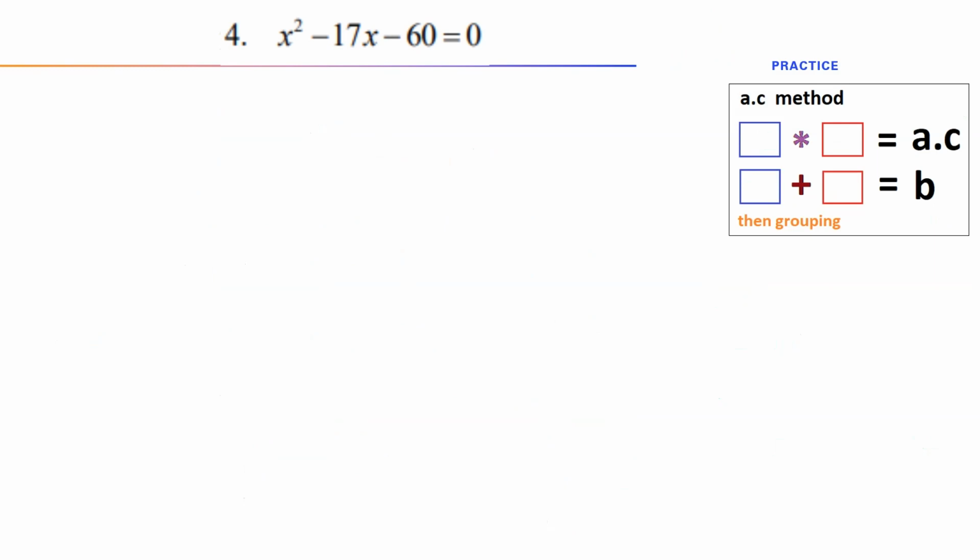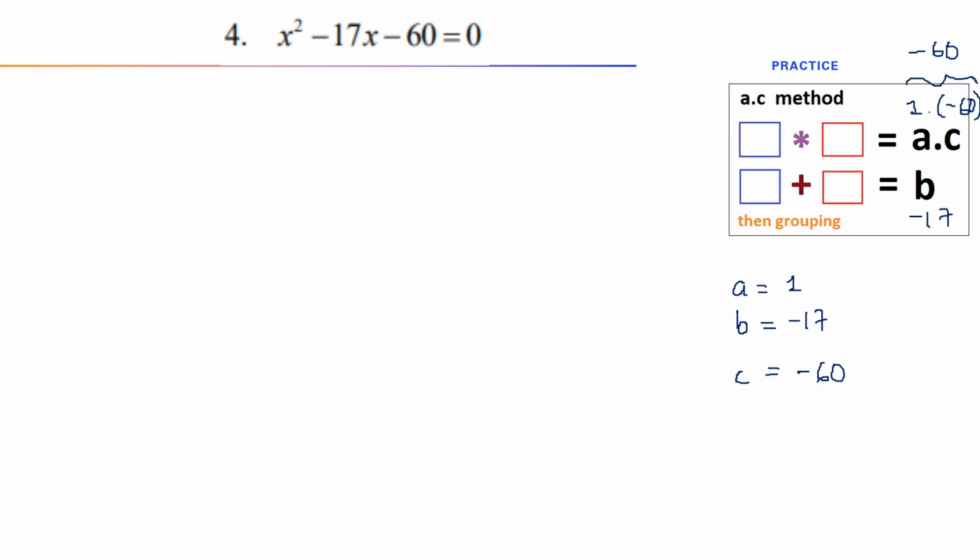So this one looks similar to question 3 we just did, but the only difference is the C. So we have A equals 1, B equals negative 17, and in this case C equals negative 60. So A is 1 times C is negative 60, that makes negative 60. B is negative 17.